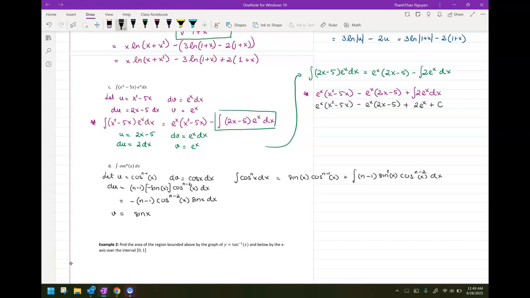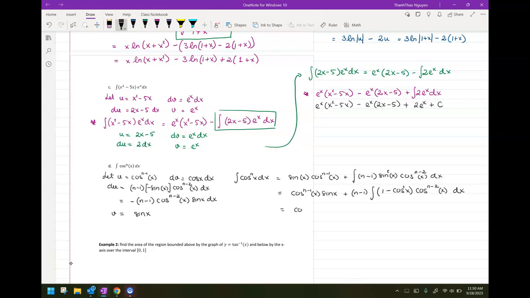Now I can go ahead and rewrite this as cosine to the n minus 1 of x times sine of x plus the integral. We'll factor out the n minus 1 out front. Sine squared of x is 1 minus cosine squared of x, times cosine to the n minus 2 of x dx. So let's go ahead and distribute the cosine exponent n minus 2 over.